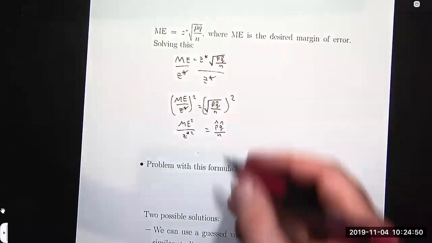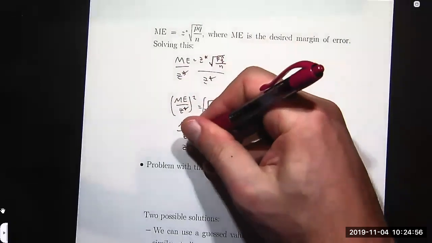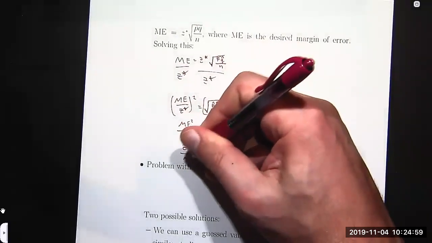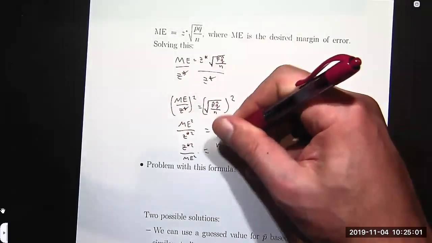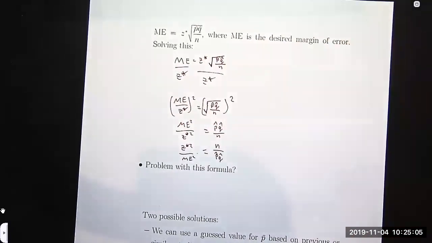And now we want n out of the denominator, so let's just take the reciprocal of both sides. And now we want p hat q hat on the other side, so we just multiply both sides by p hat q hat.